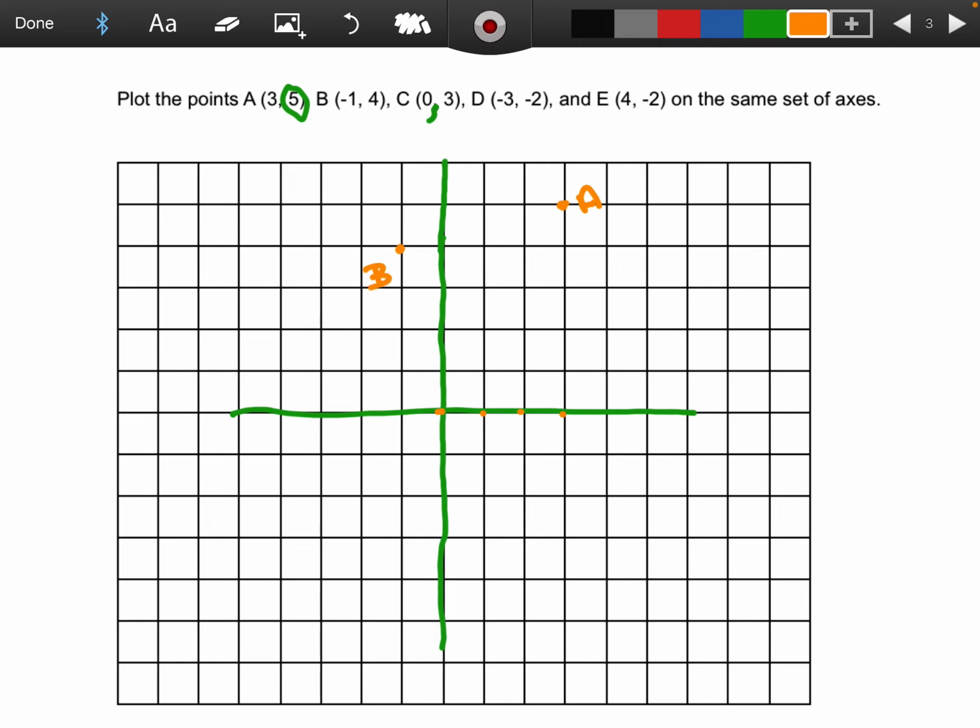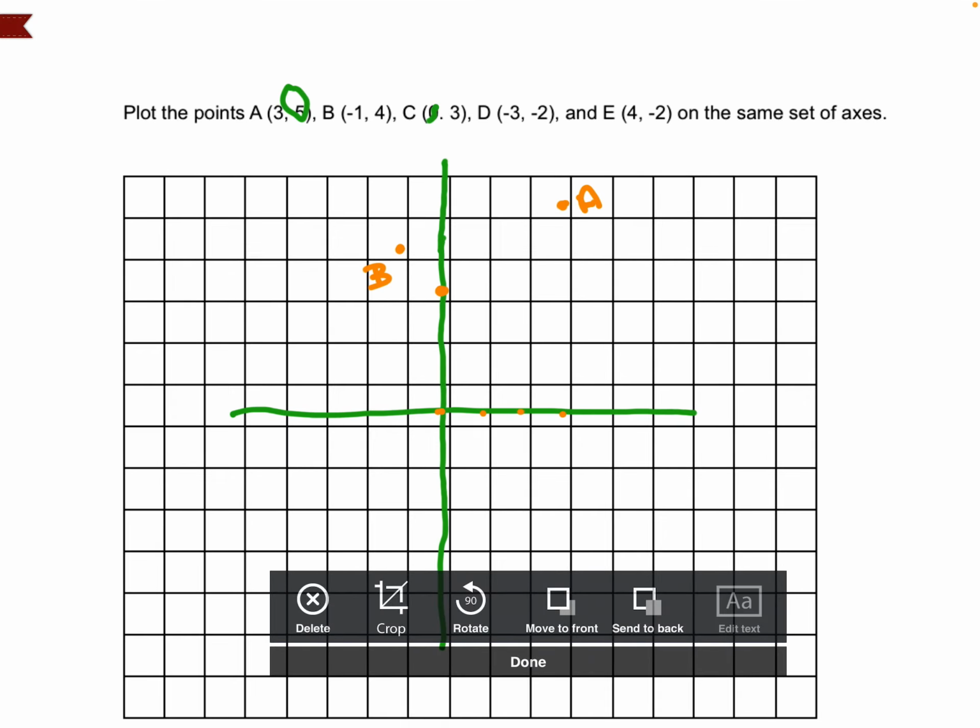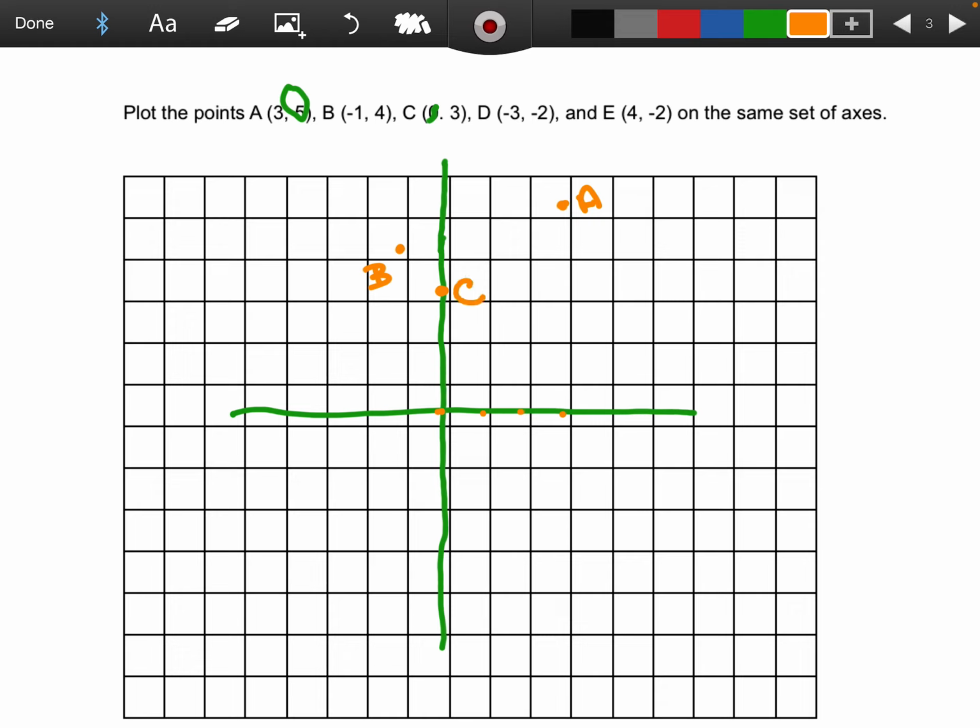C, we're not moving anywhere horizontally, but we are moving 3 vertically. So we have point C there. Point D, I've got this kind of off now. Point D, we have -3 horizontally, 1, 2, 3, and -2 vertically, 1, 2.